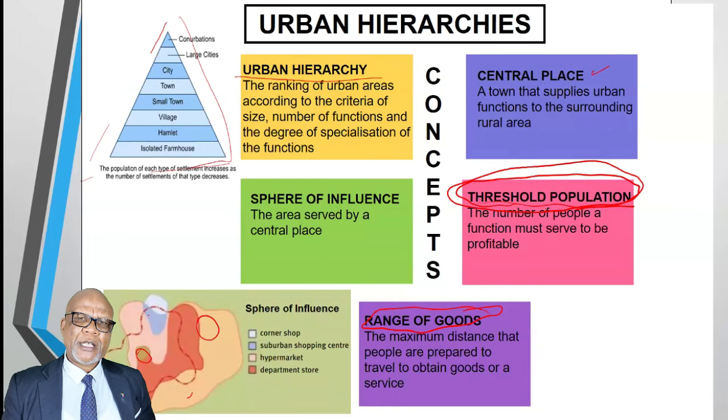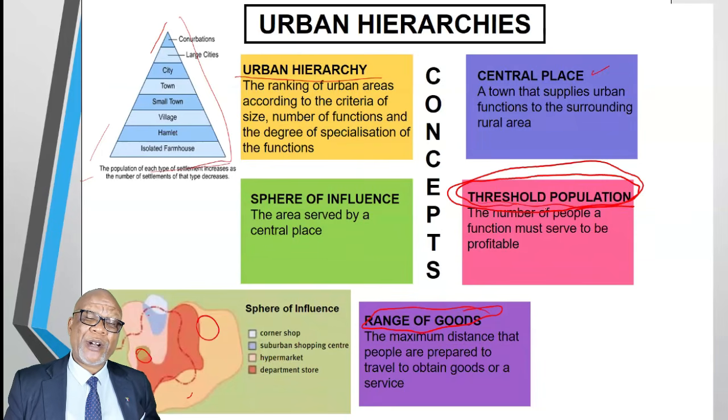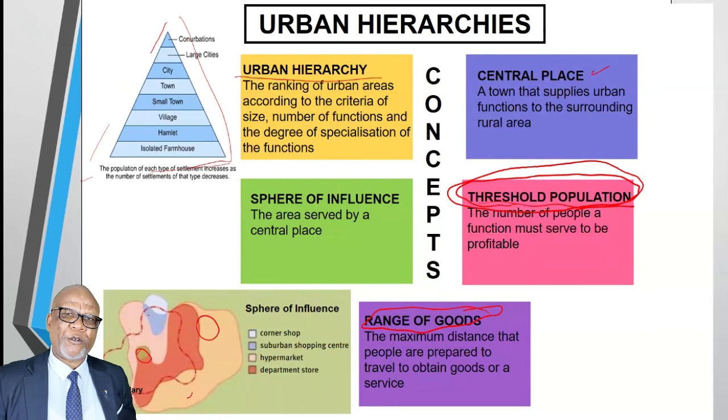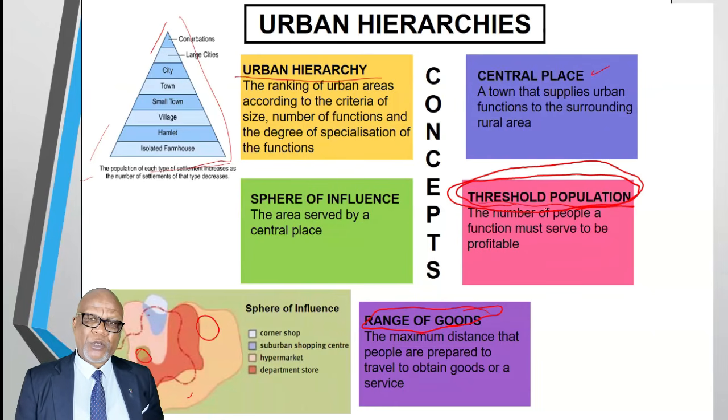What are high order goods? Those are specialized goods. So if I want to go and buy a car, I can travel a longer distance to buy a car if a car is cheaper at that particular place. But if I want to buy bread, it's going to be expensive for me to buy bread from a far distance, because I am also going to travel that distance again the following day, because it's a product that is bought frequently.